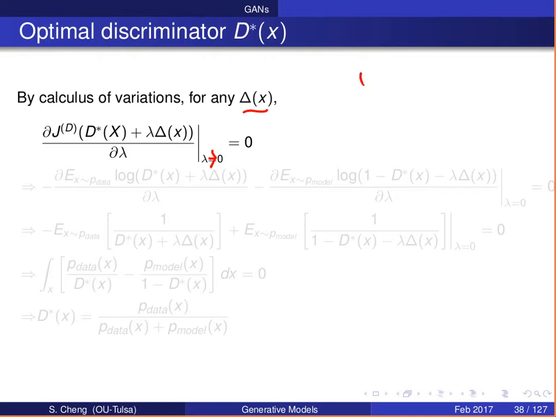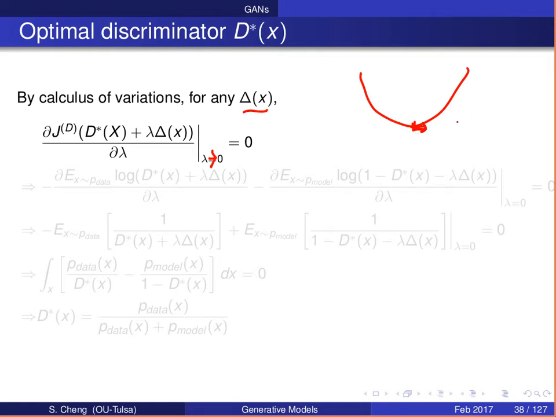So that's basically this. If you think of that, it's exactly analogous to taking the minimum or extremum of a function: if I take a tiny perturbation away from the extremum, the slope should still be 0.